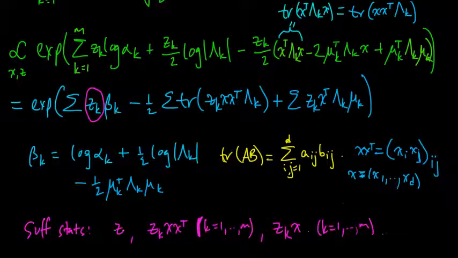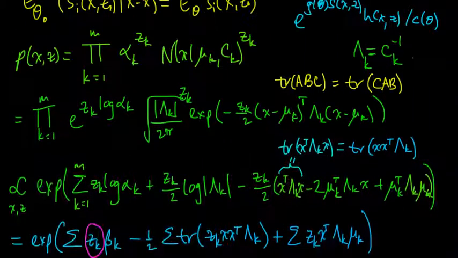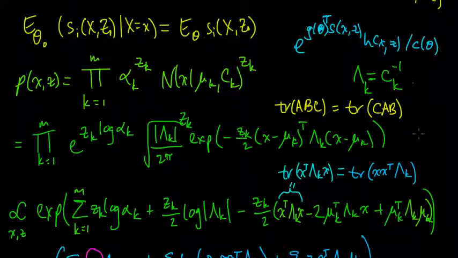Now, let's back up a minute and figure out where we are. We wanted to be able to evaluate this expression to solve for theta as prescribed by our EM algorithm.